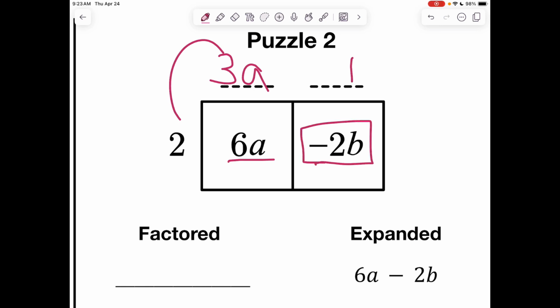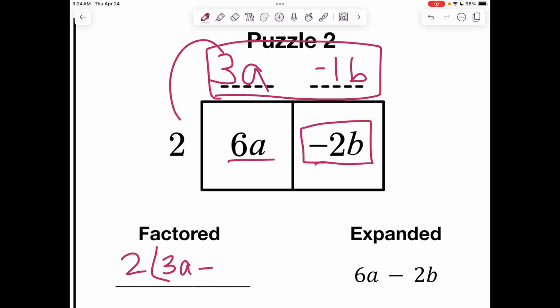Well, I see the b, so we're going to add that up there. And now 2 times what equals negative 2? Well, 2 times 1 equals 2, so 2 times a negative 1 would equal negative 2. So to write it as factored, we would write 2 on the outside, and on the inside we'd write 3a minus 1b.